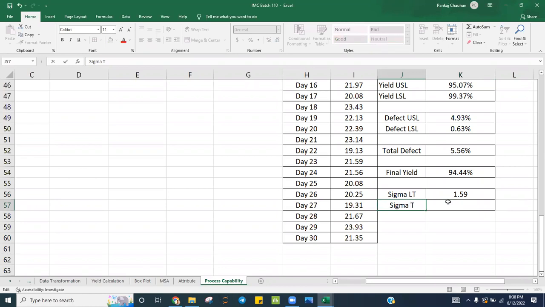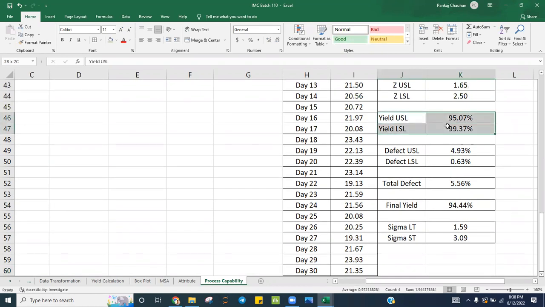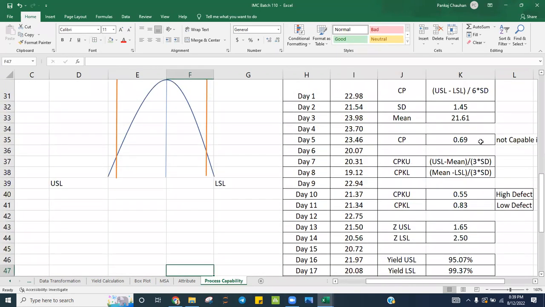What will be the short term? Anyone? Long term plus 1.5 will be your short term. That's how, guys, in a simple way, we calculate the process capability, and I made you understand short term, long term, lower, higher, CPKU, CPKL with this example.